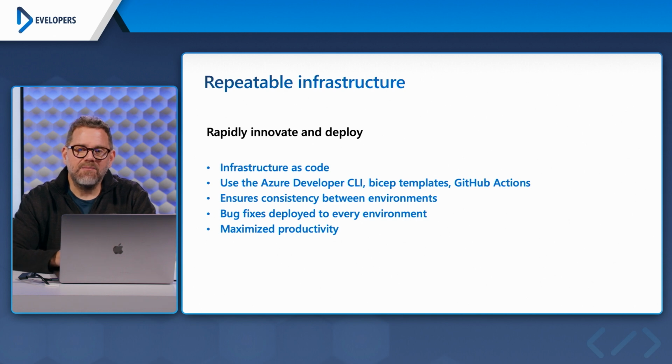And it also maximizes productivity. I'm not going to be sitting and banging my head against my laptop trying to figure out why something works on my machine but not on a different one. Because of repeatable infrastructure, I can guarantee that everything looks the same. And that's a very key point in this overall operational excellence pillar.